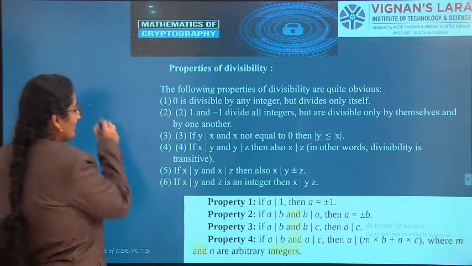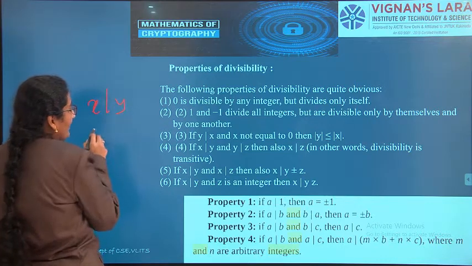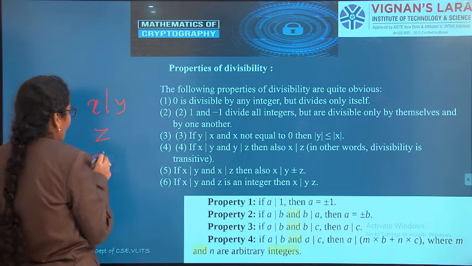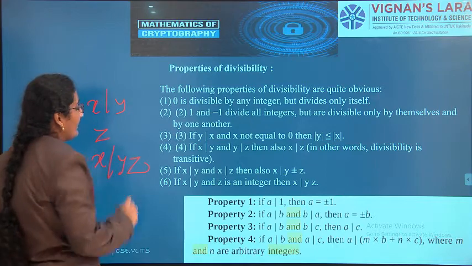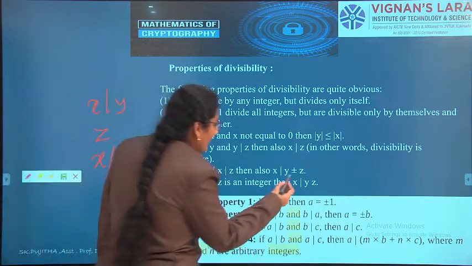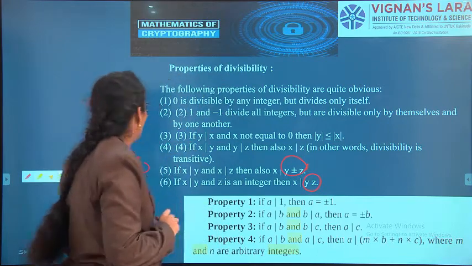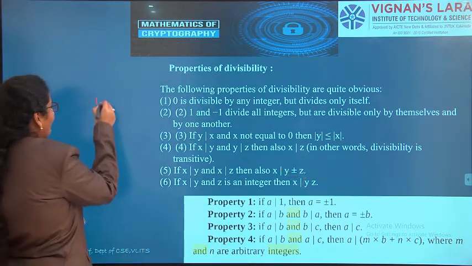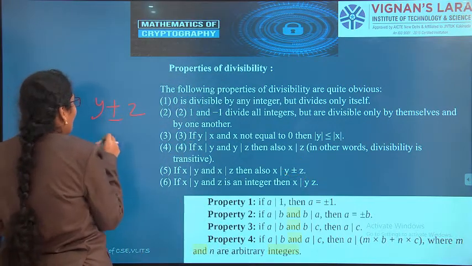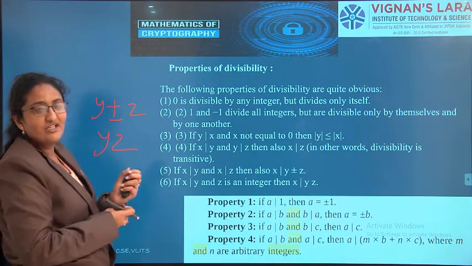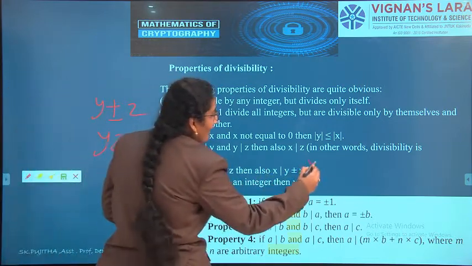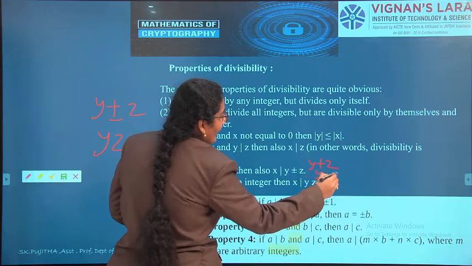So finally the last one, x mod y and z is integer, then x mod y into z. So what you can see here, y into z or y plus or minus z can happen. So y plus or minus z or yz, addition, subtraction or multiplication. Here y plus z or y minus z.